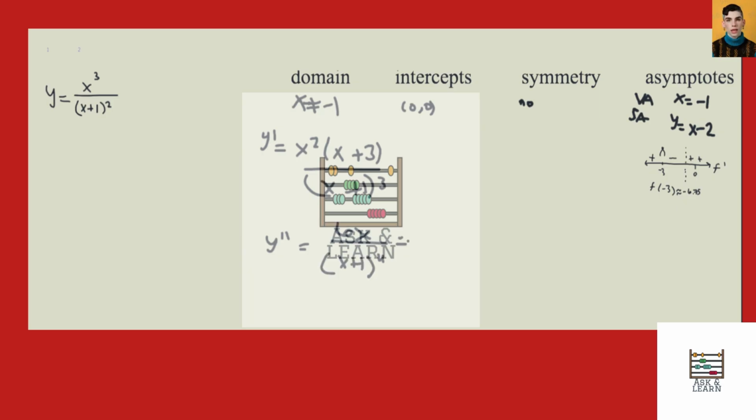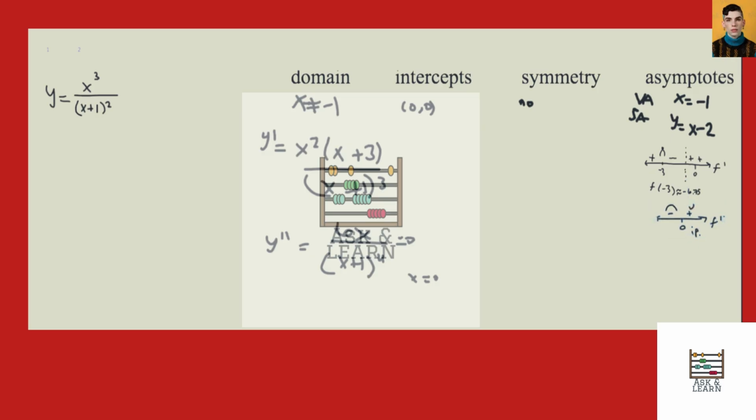Set it equal to 0, and we get x equals 0. Put that in our second derivative test. We see that it's concave down here, concave up here, making this an inflection point. Okay, so that's it for concavity.